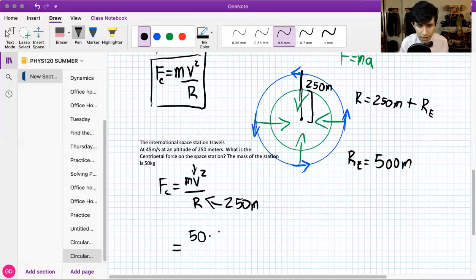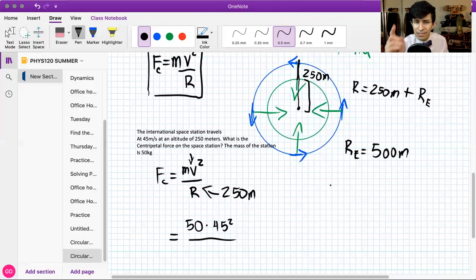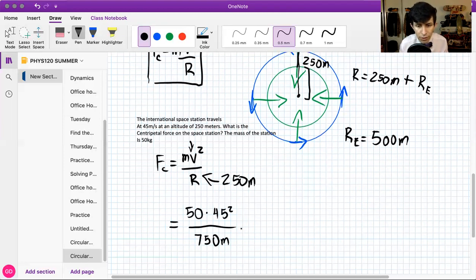V is 45 squared. Don't forget to square that. And you divide all of that by the radius, which is the addition of these two. 250 plus 500, that is 750 meters. And so plug that into your calculator. Whatever you end up getting, that's going to be your centripetal force.